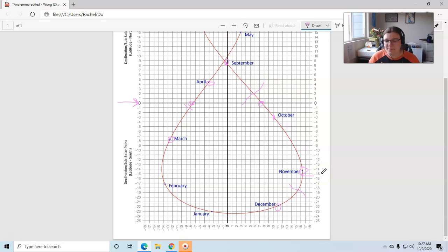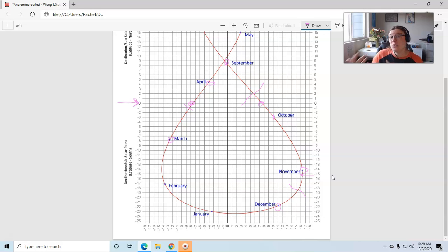They mean the same thing. Kind of depends on what system you're using. So it's between 15 and 16, so what do you think? Let's say 15.5 degrees south. Sounds good, right? So that means that on November 5th, the subsolar point of the sun is at 15.5 degrees south. That's how this would work.